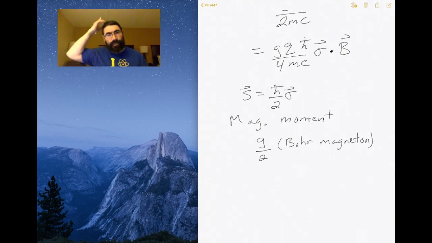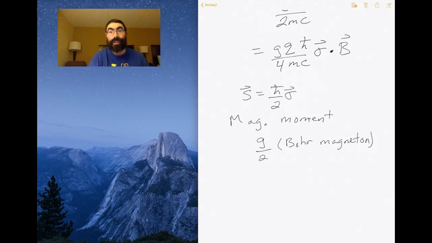So again, like I said, it's this factor we're throwing in to increase the strength of the magnetic moment. So where does this factor come about?